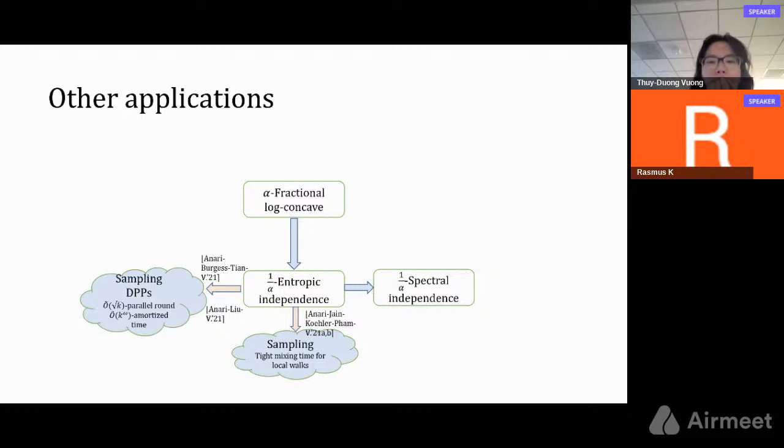Previously we could sample a random spanning tree of a graph in time linear in the number of edges, right? But with entropy independence, we can do some pre-processing and then sample a random spanning tree in time linear in the number of vertices. So that's some additional preview for later.